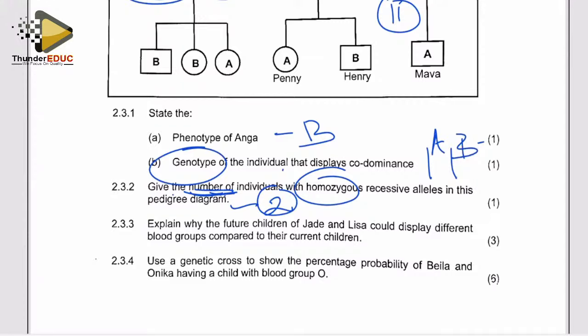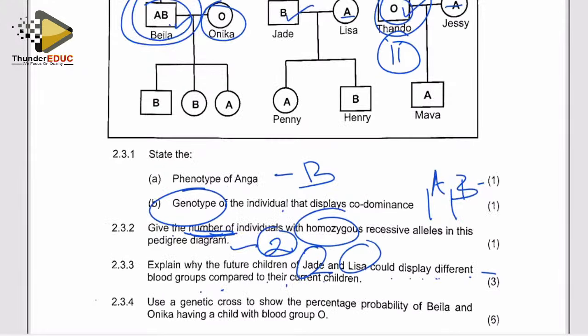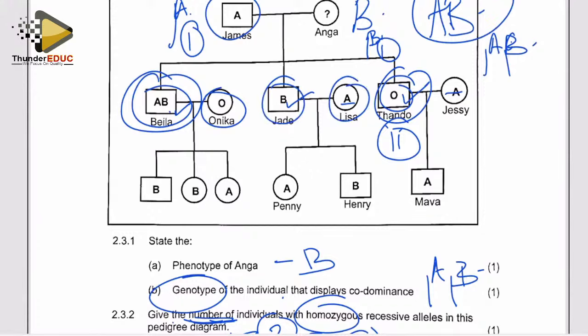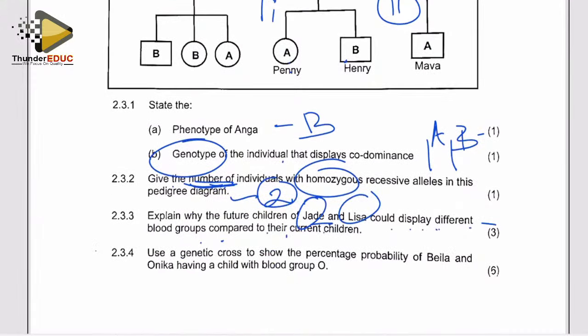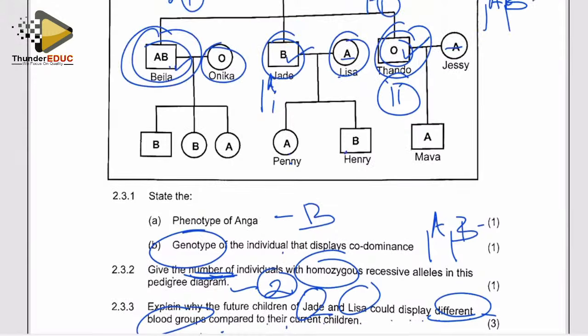Explain why the future children of JD and Lisa could display different blood groups compared to their current children. I have to look for JD and Lisa. So since JD and Lisa, this is A, this is B, this is A. And then since these ones were like this, then automatically JD was a small letter. To produce a different blood group, automatically even A must be heterozygous.